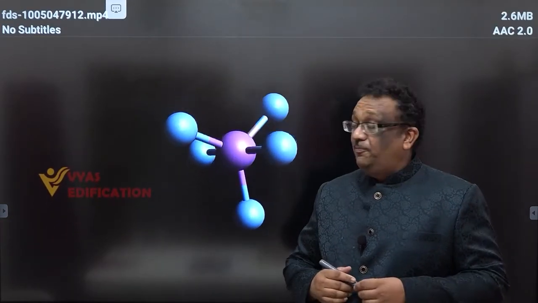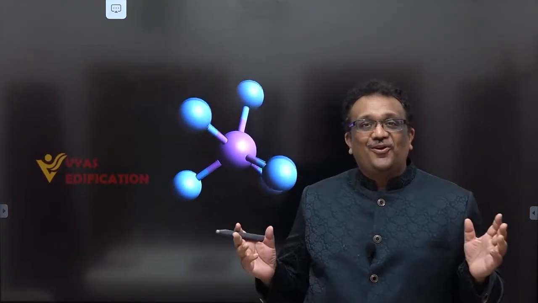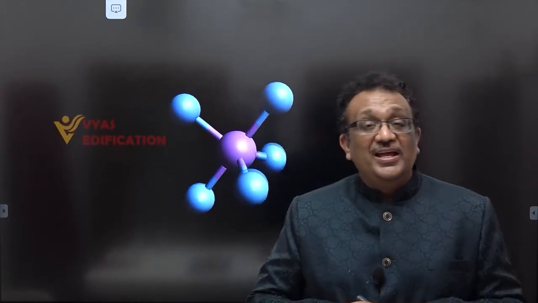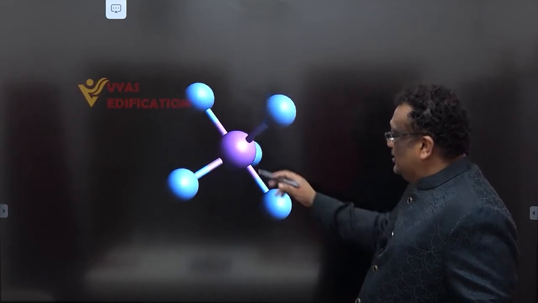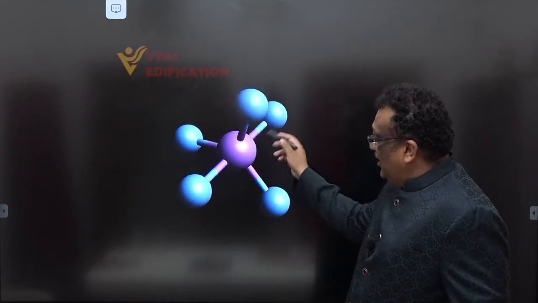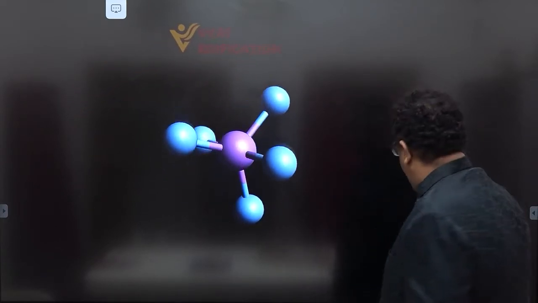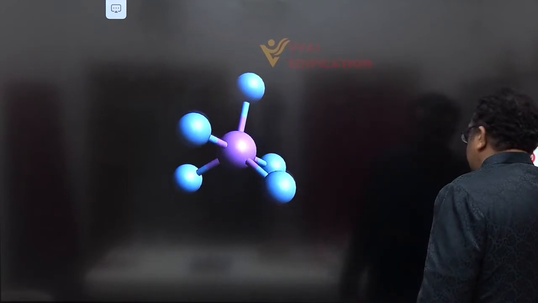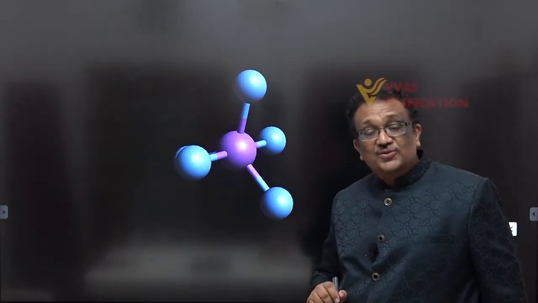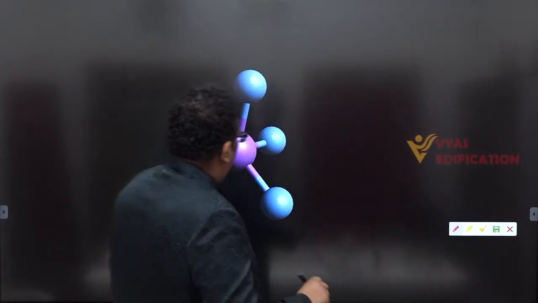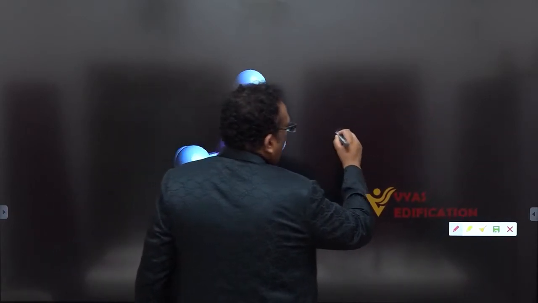Now observe the trigonal bipyramidal structure of PCl5, yeah, AsF5. If you notice, there is a central atom, and to this central atom are attached 5 different fluorine atoms. And I have a few things more to add. Why do you call it trigonal bipyramidal?